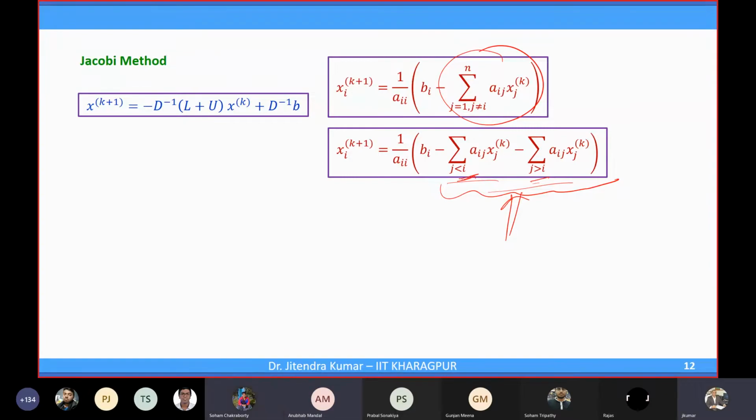Is that clear? The first summation, a_ij x_j where j is less than i, is the lower one, and the second one is the upper one.